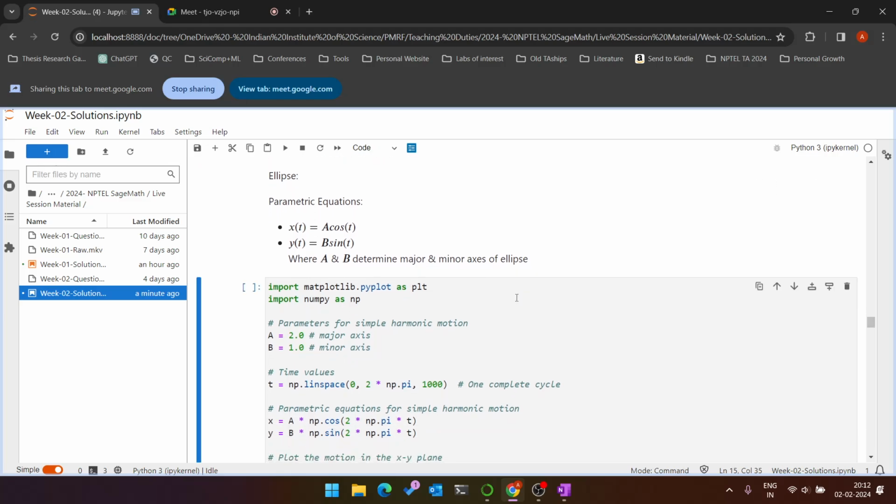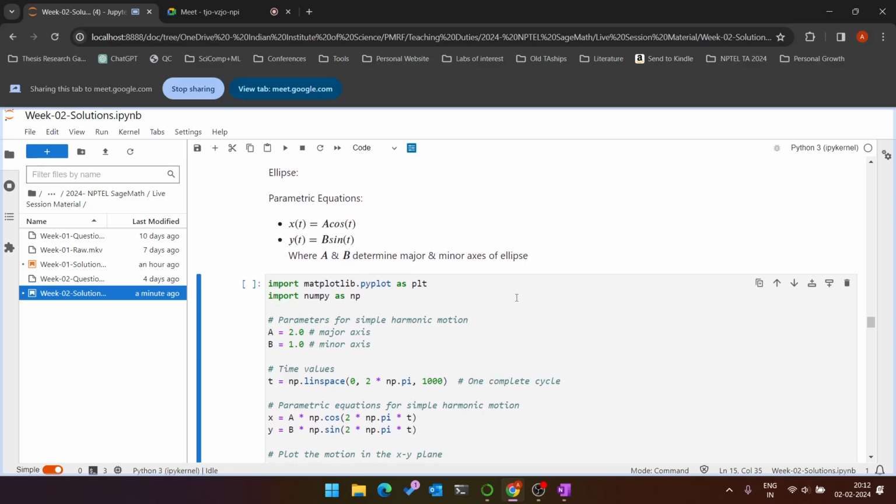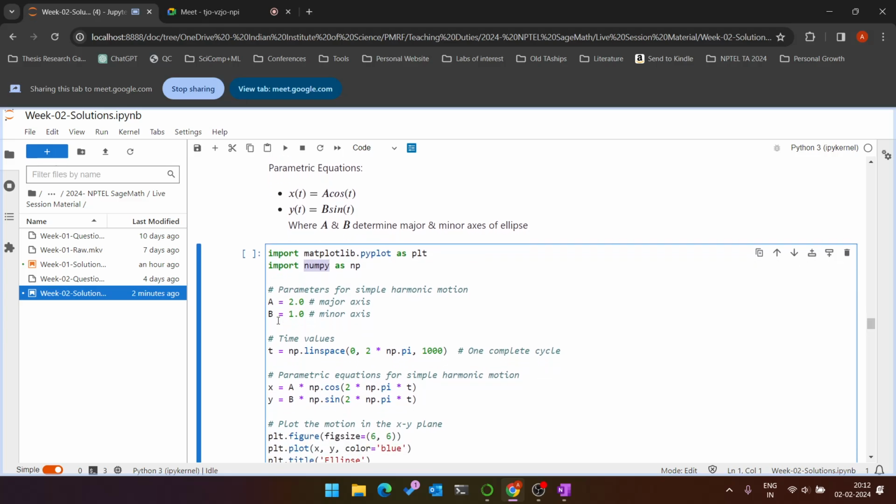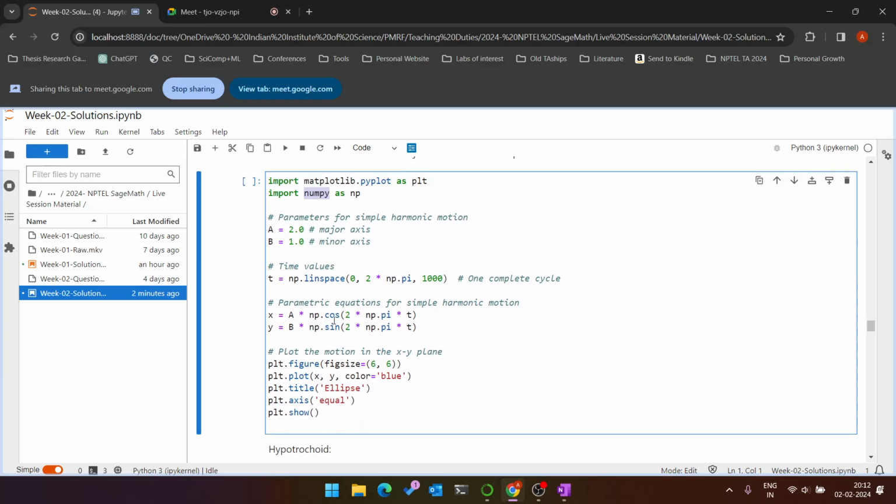Okay, with this in mind, we start by importing our important libraries, which are matplotlib.pyplot and numpy. Here I have taken any two values for the major and minor axis.